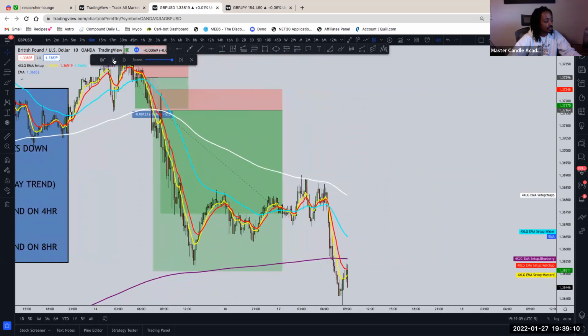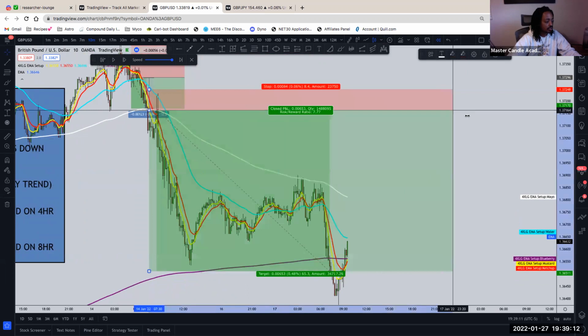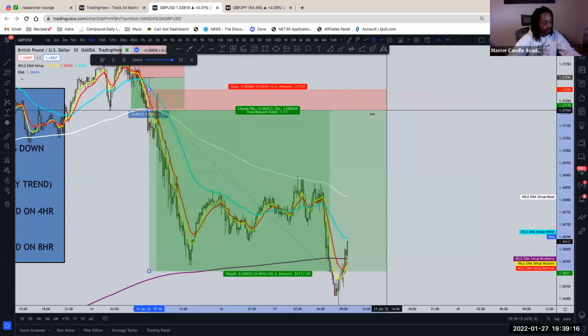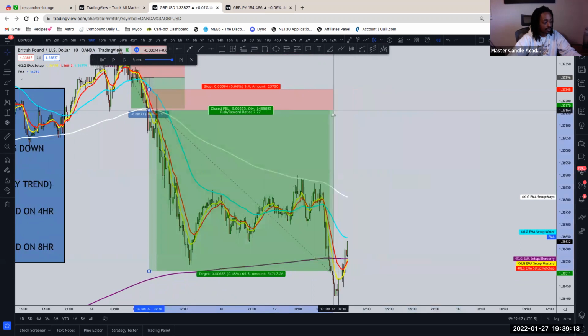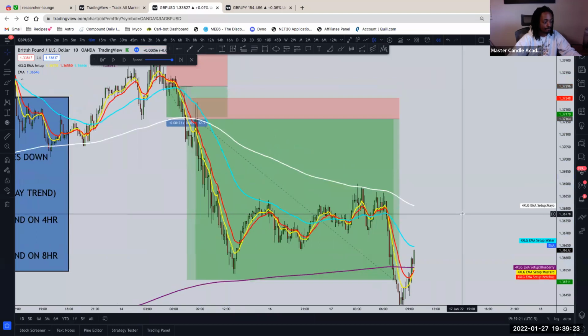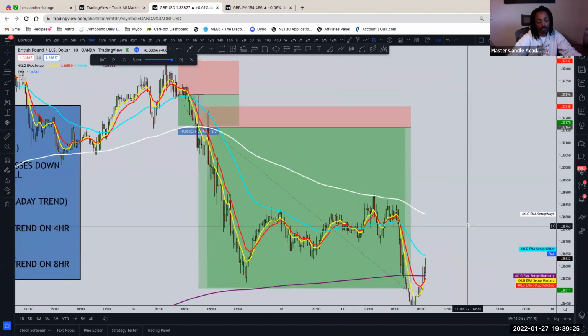I'm not explaining any re-entries just yet. I just wanted you guys to see price finish the trade. Right? I wanted you guys to see price hit take profit. All right, does that make sense? Are we all clear on how to use the 4XLG?